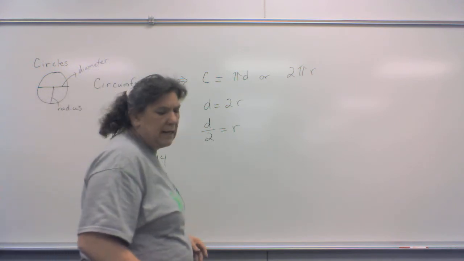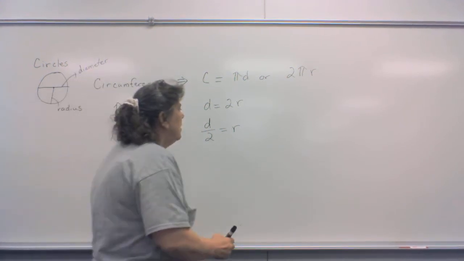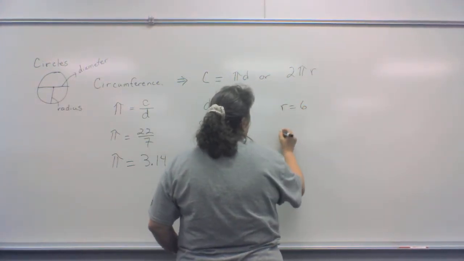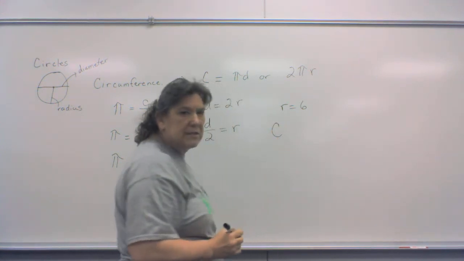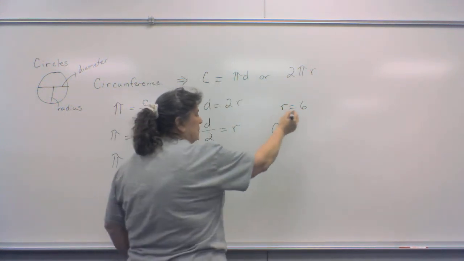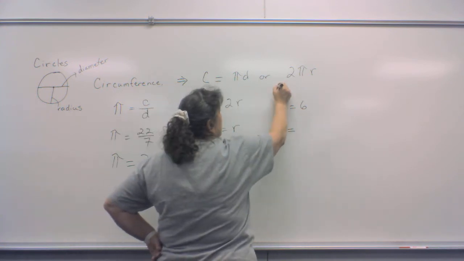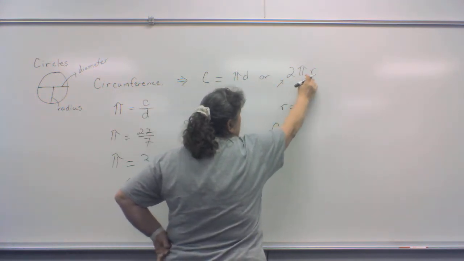So let us say that we have a circle with a radius equal to 6. What is the circumference of that circle? Well, if my radius is 6, I'm going to use this one right here because that's 2 pi r.